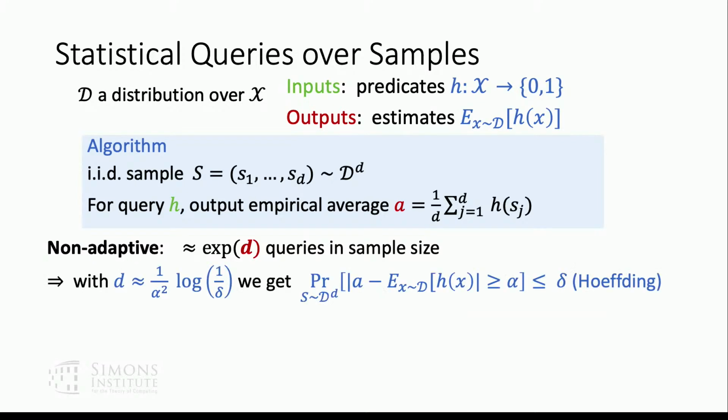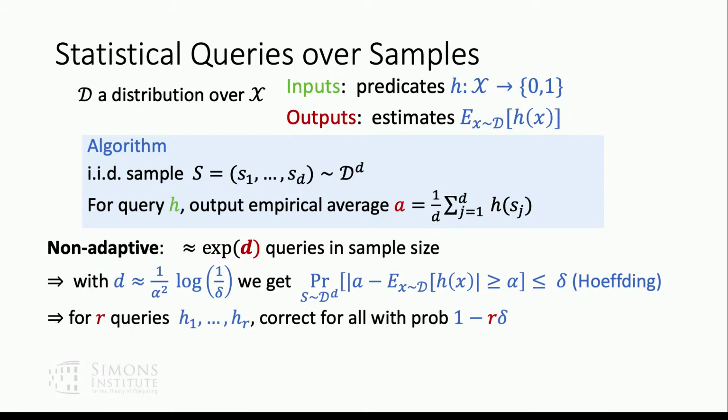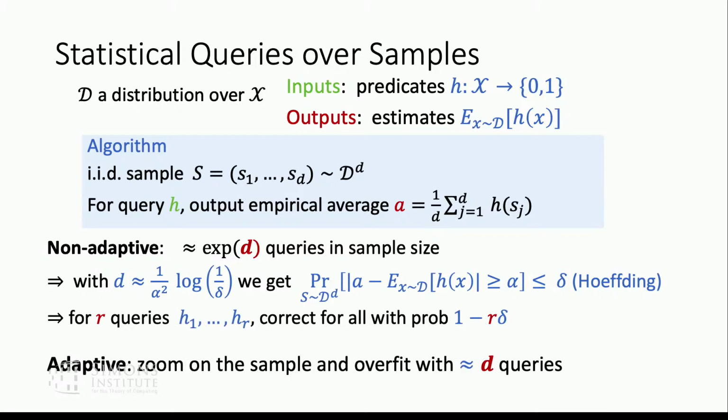This is just a Hoeffding bound. With D that is about 1 over alpha squared times log 1 over delta, the probability that the empirical average deviates from the expectation over the distribution by more than alpha is at most delta. And then it's a union bound over our queries.